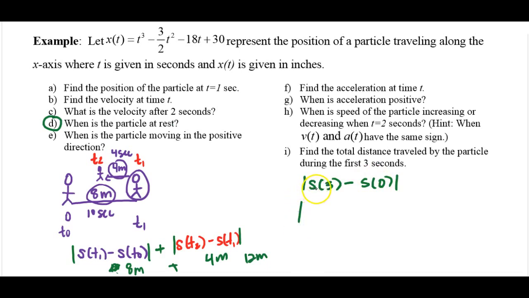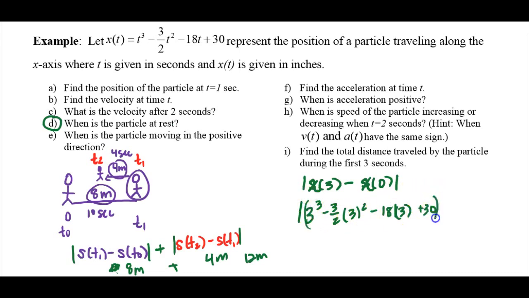So in other words, I need to plug 3 into the original function. Sorry, these should have been x's. So x or s is typically used for position. So x of 3, so I need to do 3 cubed minus 3 halves times 3 squared minus 18 times 3 plus 30.